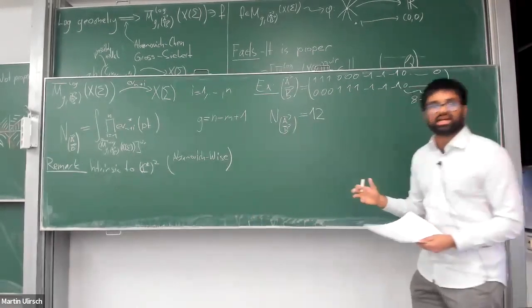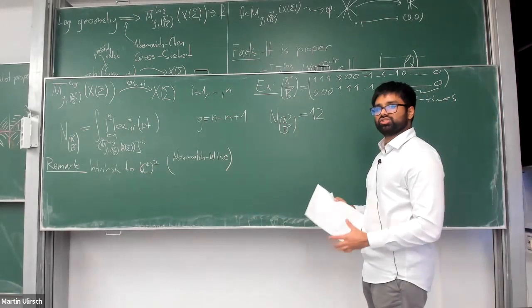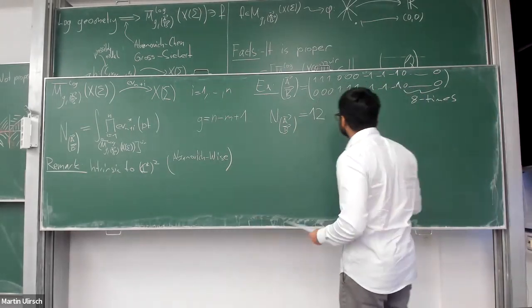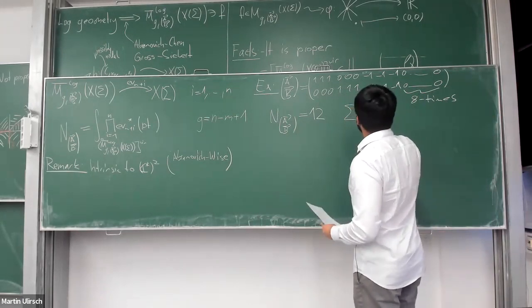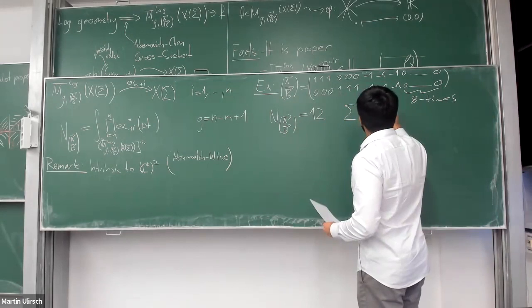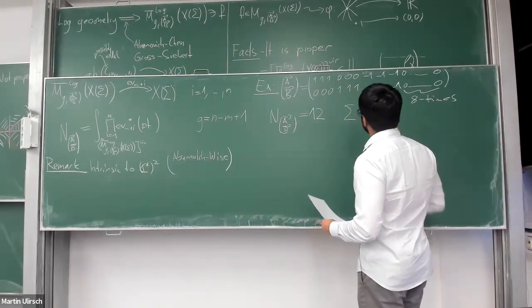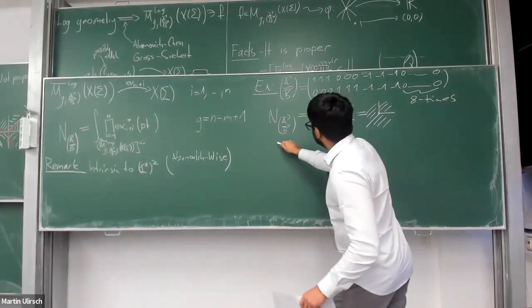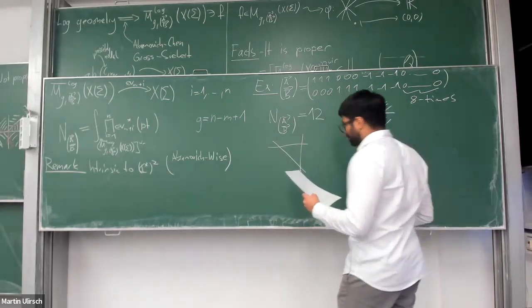And 12 is exactly the number of rational plane cubics that go through 8 points in general position. And why is this not a coincidence? So if I choose my compactifying toric variety Sigma to be P2, then let's draw the toric variety. Like this.